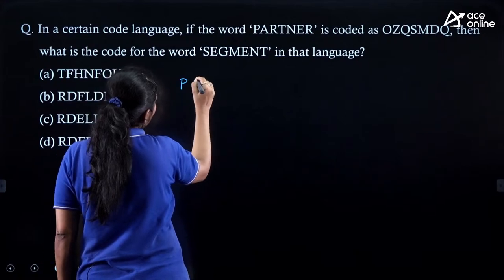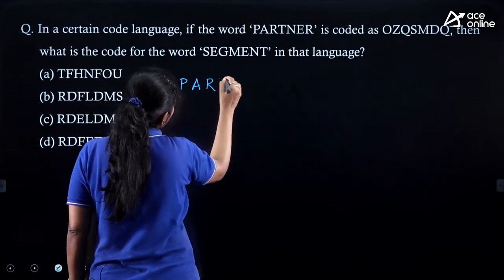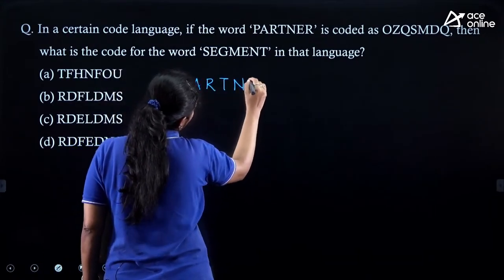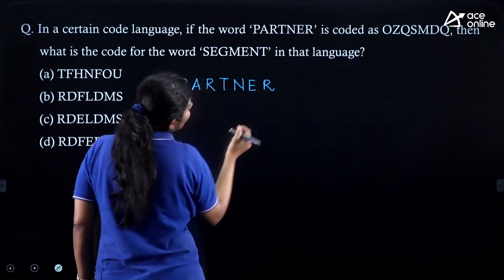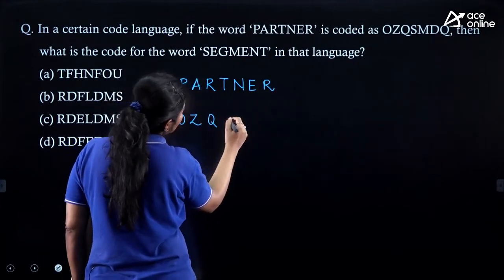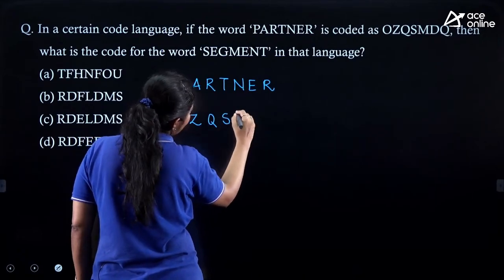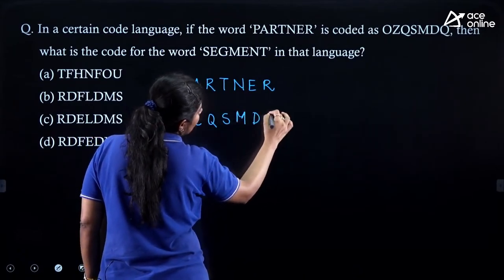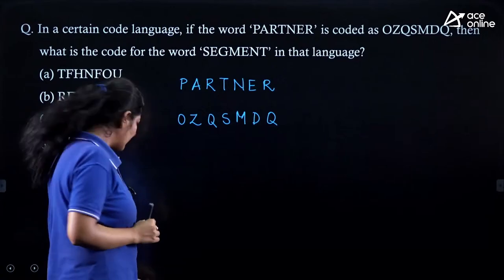So here I have partner, and it has changed into O, Z, Q, S, M, D, Q, right? Now what is the next step?